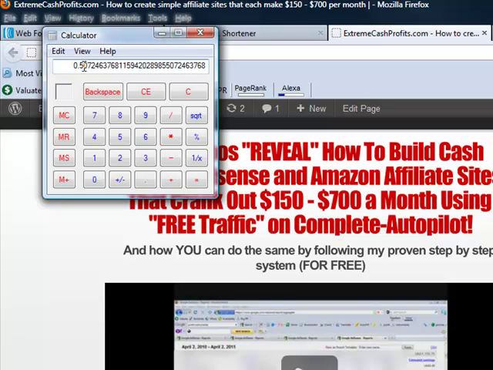And another thing you have to bear in mind, as I've mentioned previously, is your opt-in rate is very important, because this is how you're going to build your business faster, because the higher your conversion rate on your squeeze page, then you're obviously going to generate more subscribers.